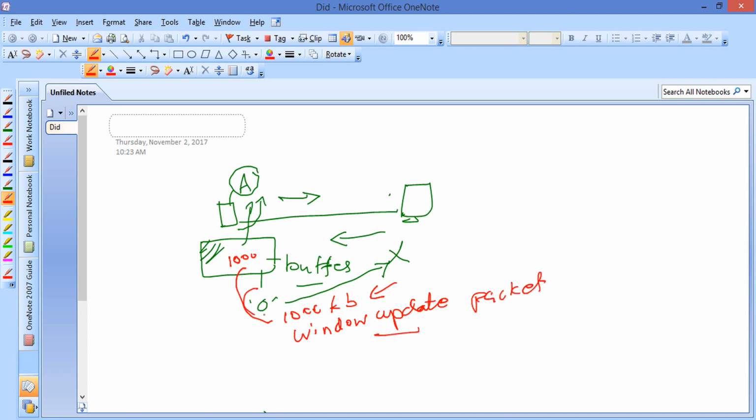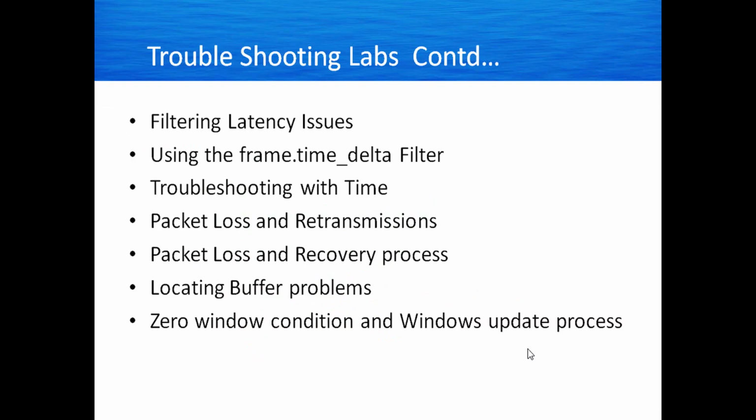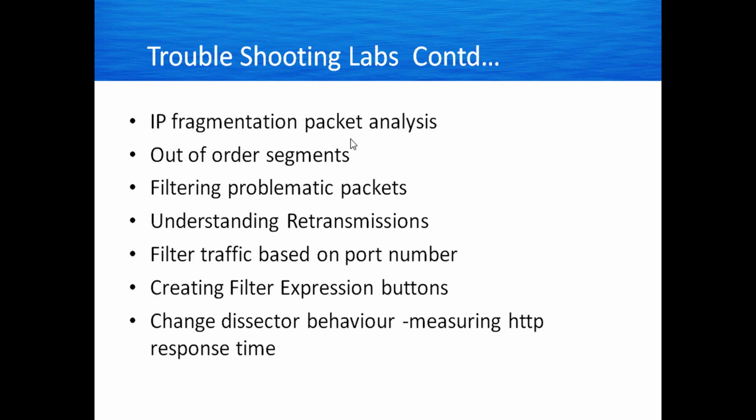So the zero window condition and the window update packet is the resolution process. This is how, if a system gets out of buffer space, that is zero window condition, this is the recovery process. So zero window condition and the window update packet.